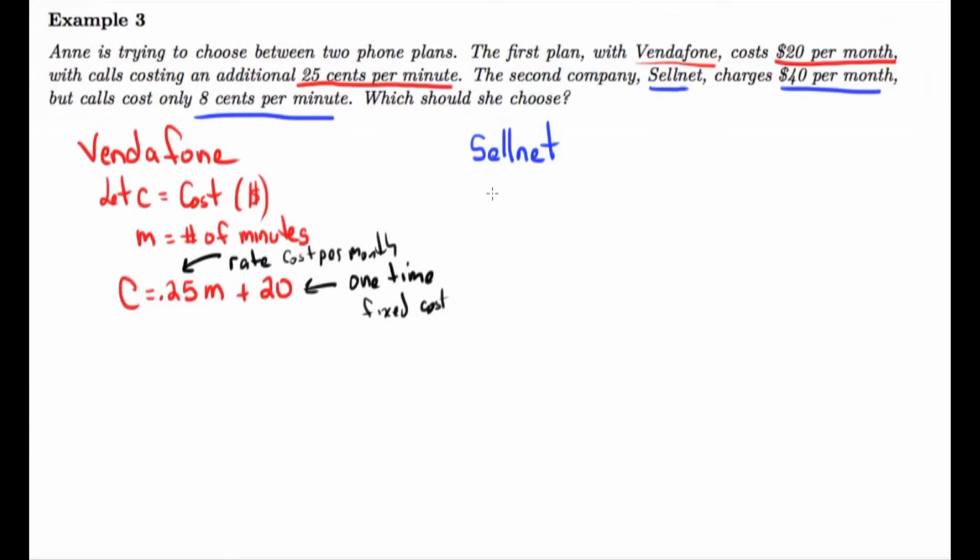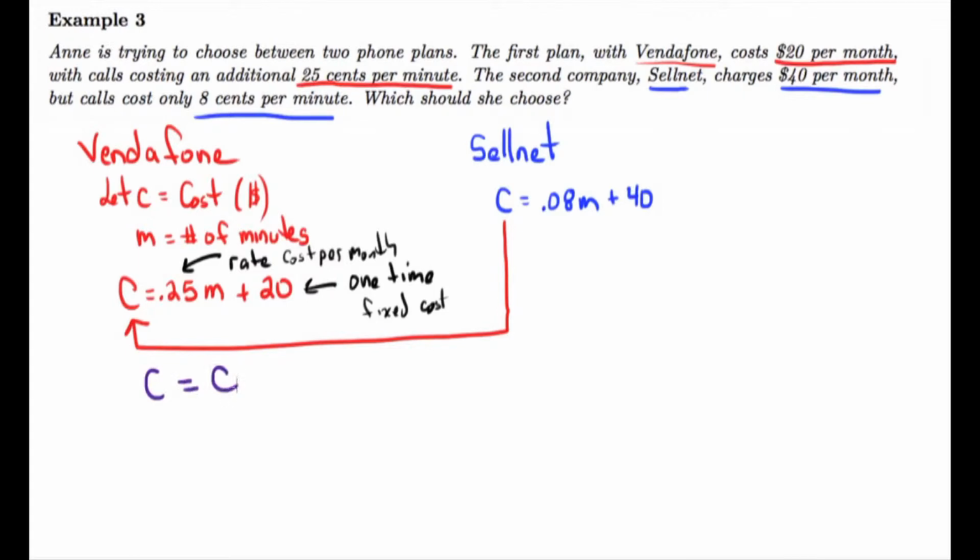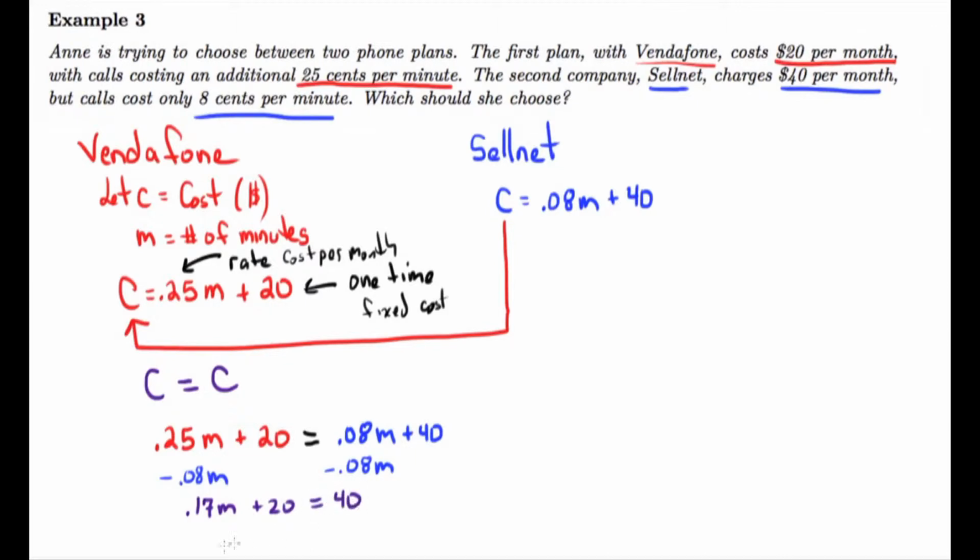For Cellnet, the cost would be $0.08 per minute, or that's 8 cents per minute, plus $40 per month. So what we want to do is find when these costs are equal and find the number of minutes, so that we can decide if we want fewer minutes or more minutes, which phone plan would be the best.